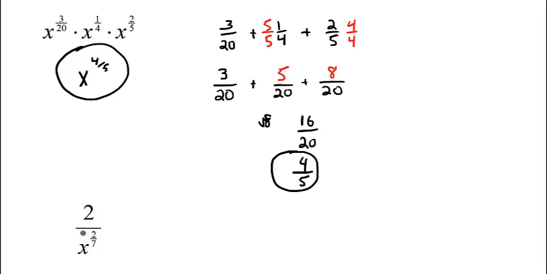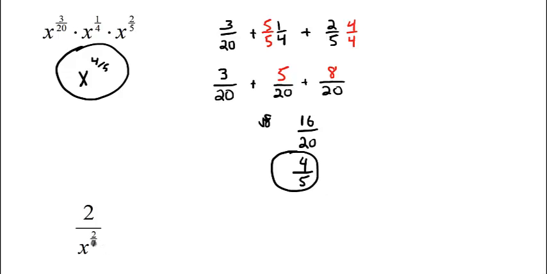Now if you look down here, we have another expression that we want to simplify, and the problem with this one is that there's a fraction as an exponent in the denominator, so we want to get rid of that. So what do we multiply x to the 2/7 power by to get a whole number?